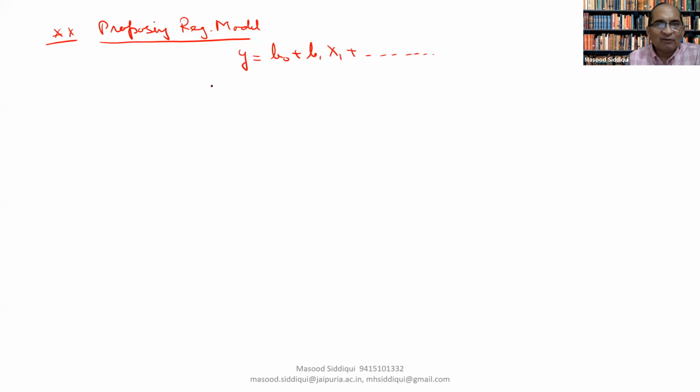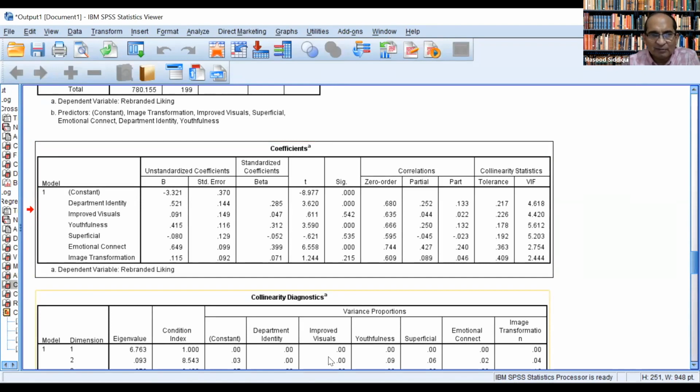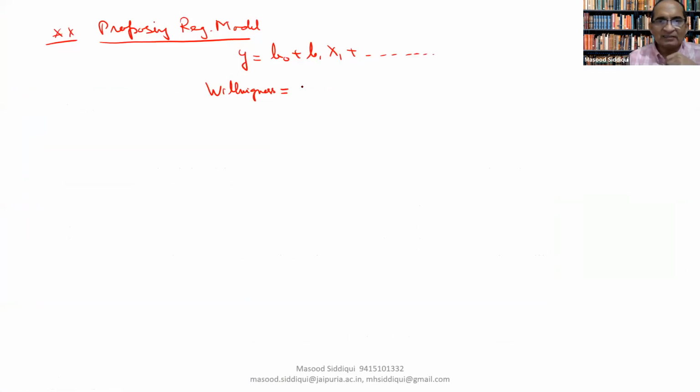Here y is actually willingness. b0 is the intercept or the constant. b0 is minus 3.321. Then we have the regression coefficient of P1.